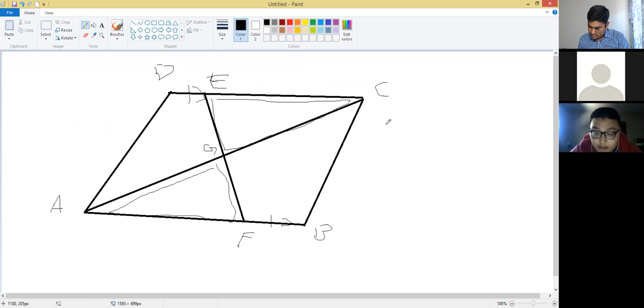So to prove these two triangles, you have four choices, which is AAA, ASS, AAS, HL. So which one do you think is right?